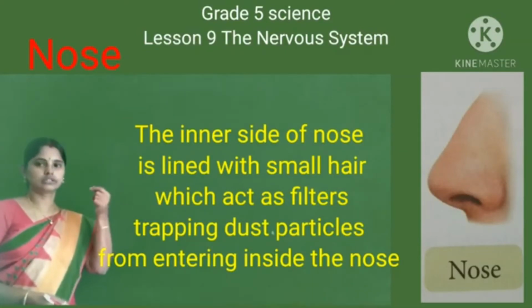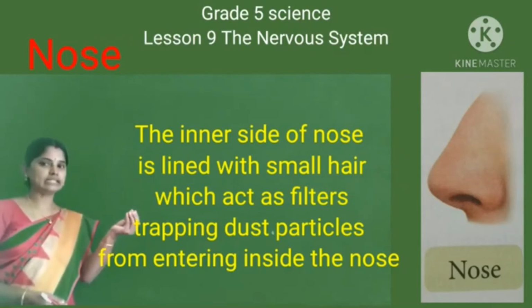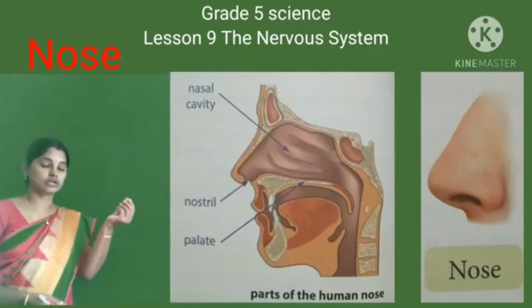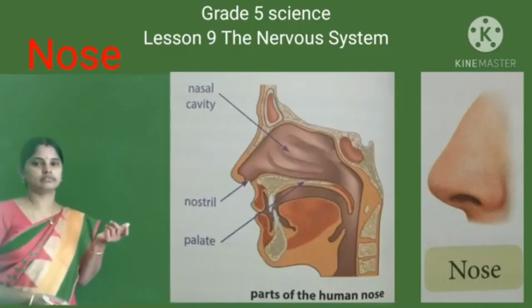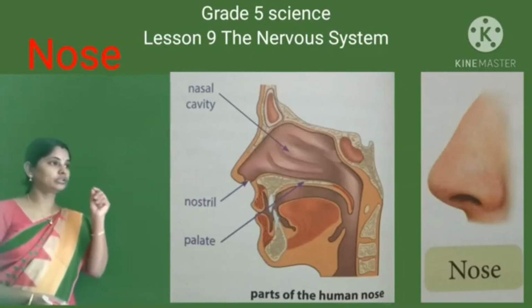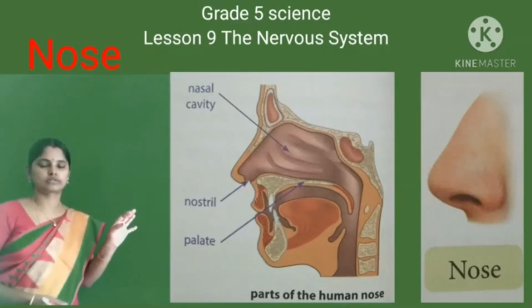We should not clean it with our dirty nails. No, we should not do like that. Use a clean towel to clean your nose. Okay, don't put any sharp objects into it. Don't remove the hairs. First of all, inside the nose many hairs are there. Don't try to remove all those things.